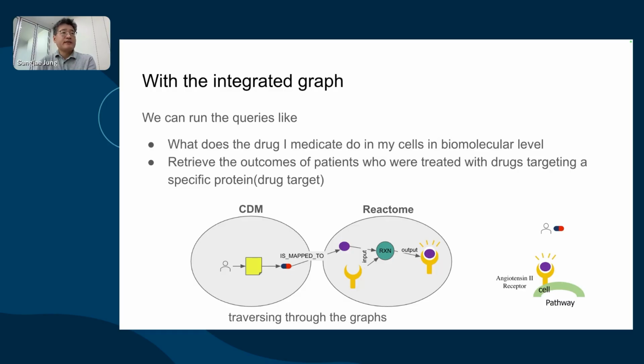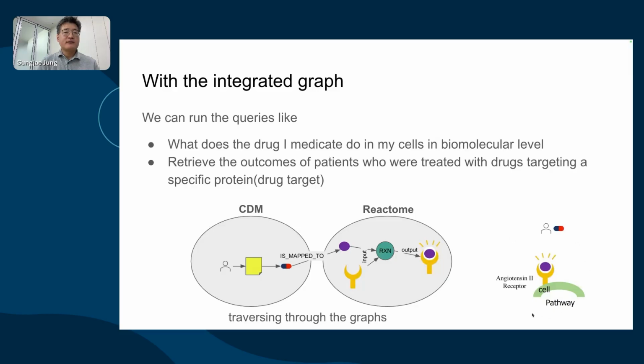With this integrated graph, we can run queries which require traversing through the graph. From a node in the CDM graph, we can traverse through the graph to reach a node in the Reactome graph, and we can run queries like what does the drug I medicate do in my cells at the molecular level, and we can answer this kind of question by traversing the two graphs.